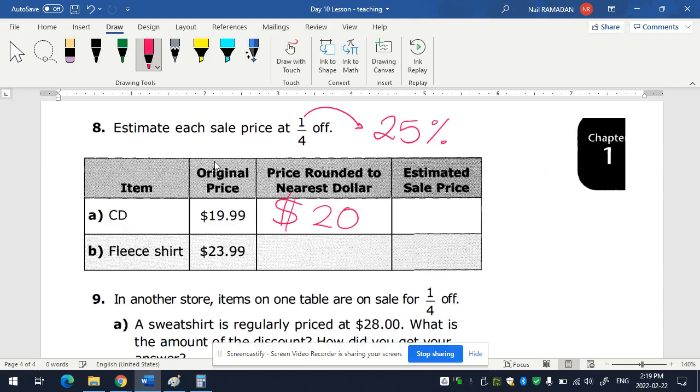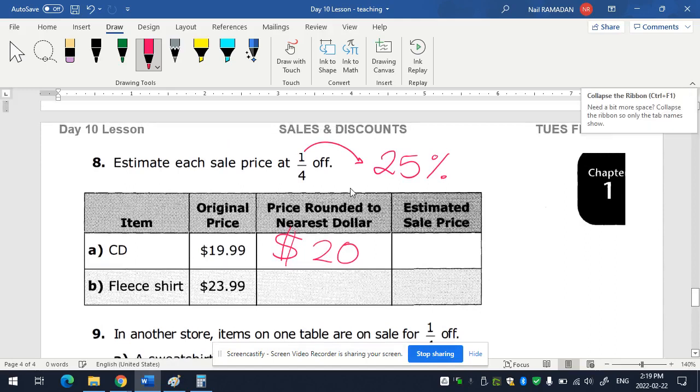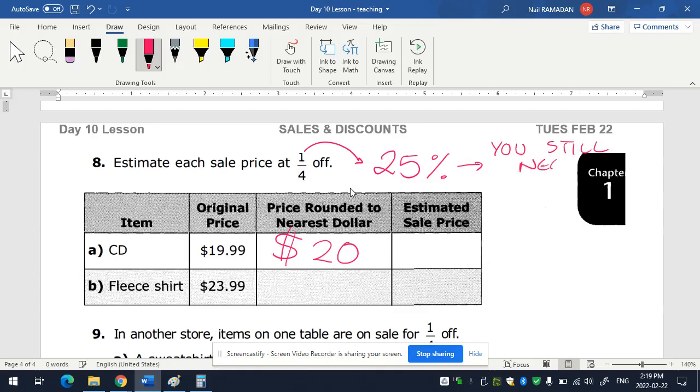So I want you to write this down: you still need to pay 75%. Why am I saying that? Because if you are already jumping to the sale price and you don't have a discount column, you need to jump to the 75% already.